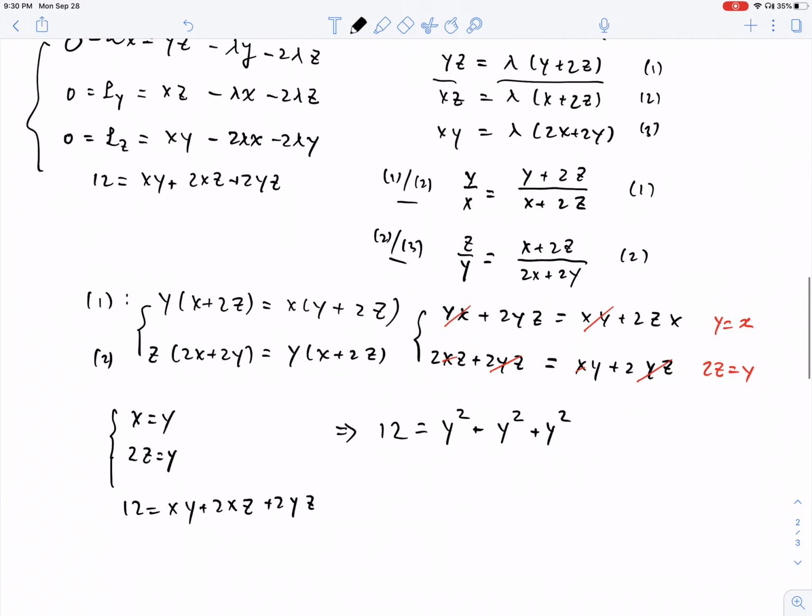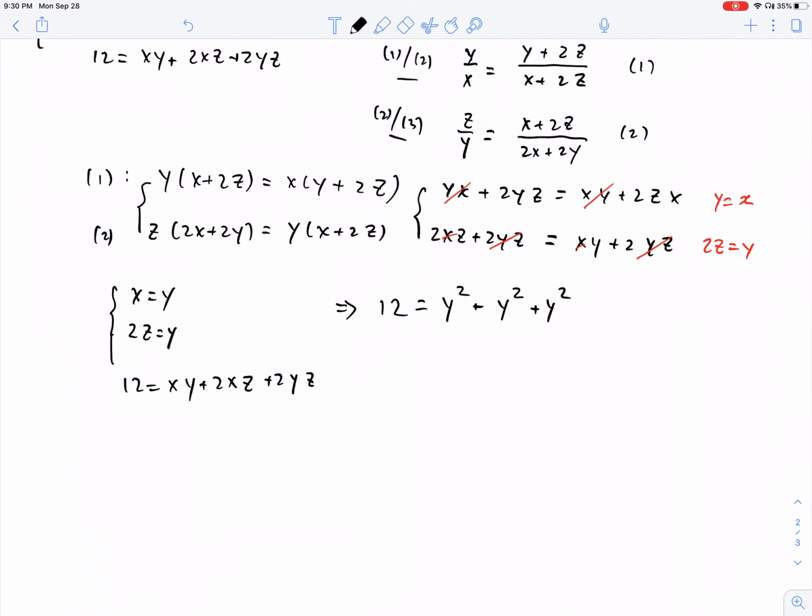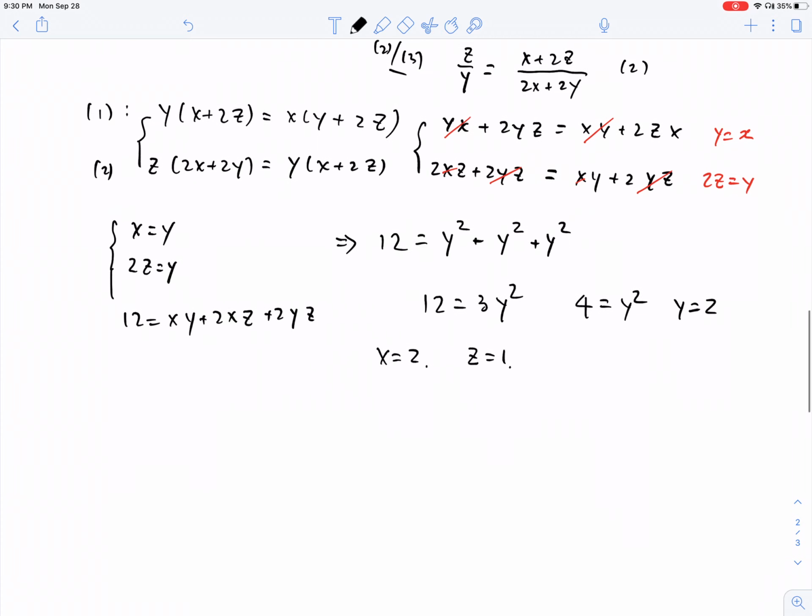All right, so now from here, we're going to have 12 is equal to 3y squared, and 4 is going to be y squared. So y is equal to 2, so x is equal to 2. And then we will have z is equal to 1. And that's exactly what we had before.